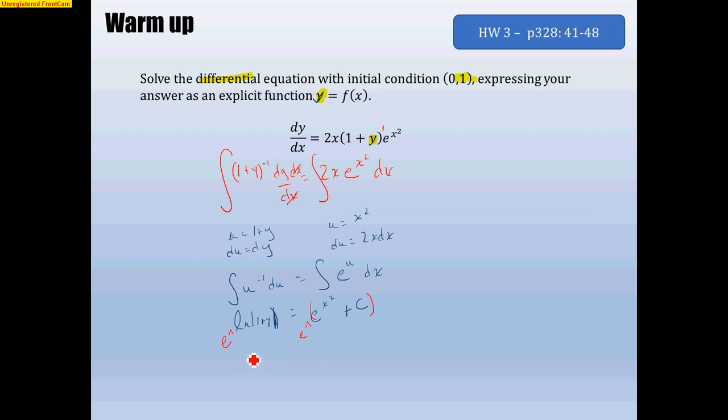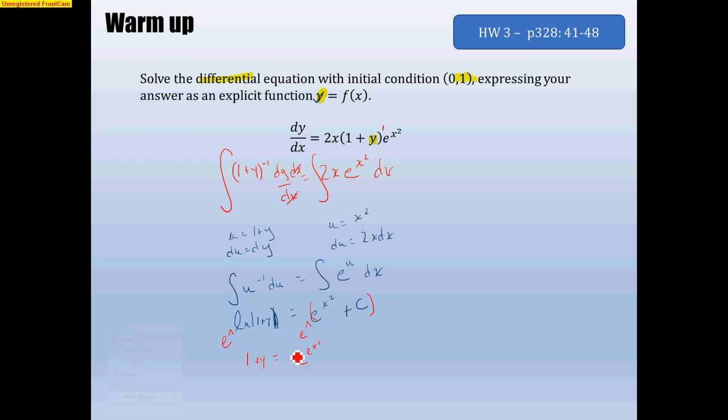So I'm going to end up with 1 plus y over here is equal to e to the x squared times e to the c, right? And we remember that e to the c is just still a constant, so that multiplier ends up just as one big C.